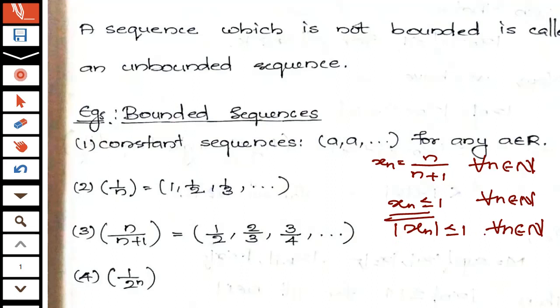So, |xn| less than or equal to 1 for all n belongs to N. So, you can choose M equal to 1 or any number greater than 1. So, there exists a positive number M such that |xn| less than or equal to M. Therefore, this sequence is also bounded.